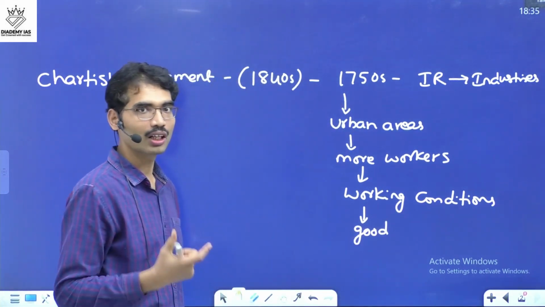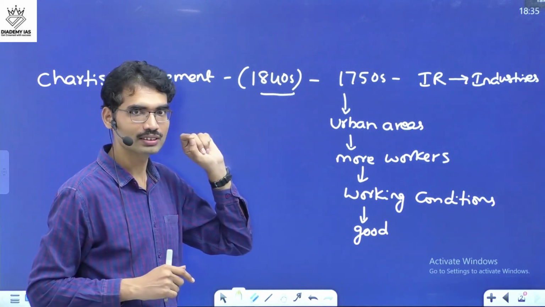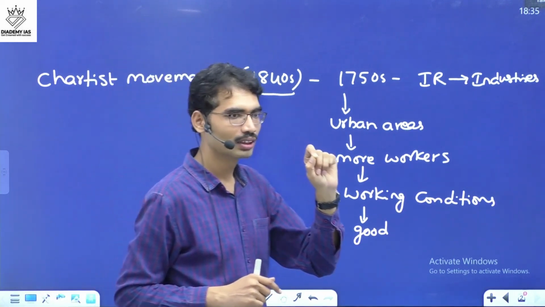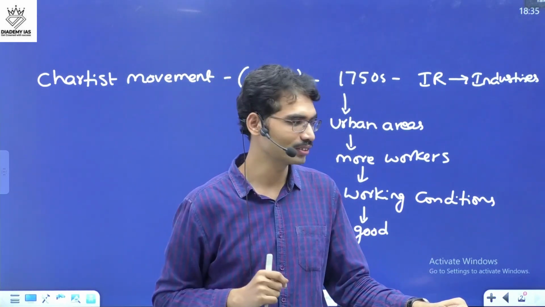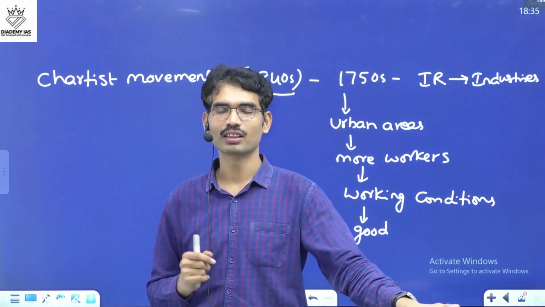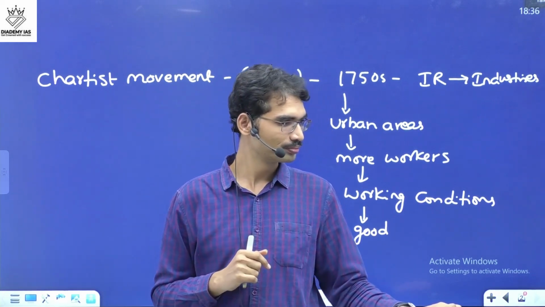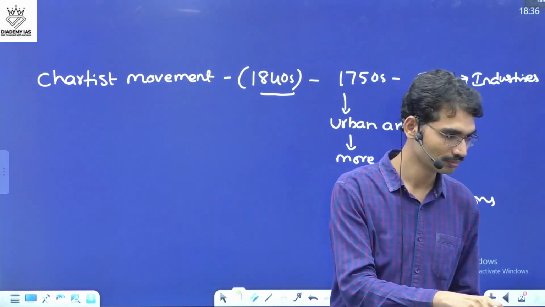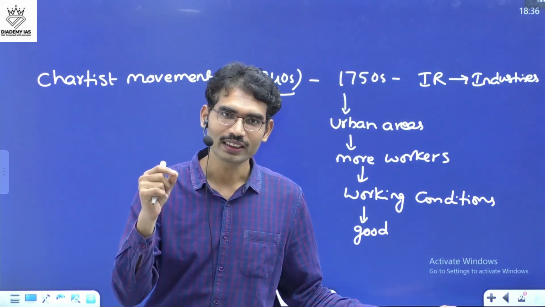So, a labor movement. Now you have to see it in a similar context. Now we are in the 1840s. Does anyone remember when Karl Marx released the Communist Manifesto? Anyone? In 1848.